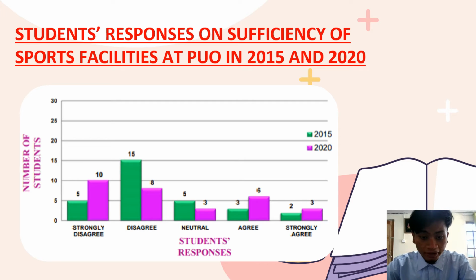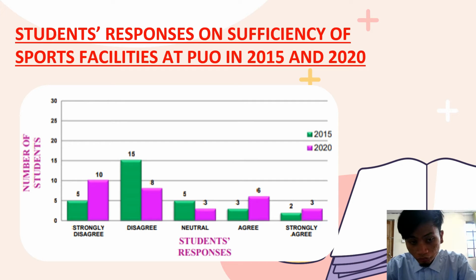The second is legend. On the graph, we can see there are 2 types of legend. First one is the green. The green shows us 2015, and the purple one shows 2050.